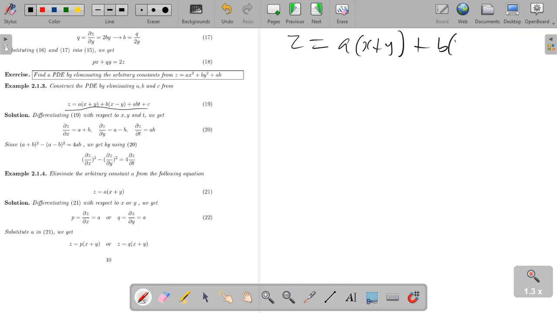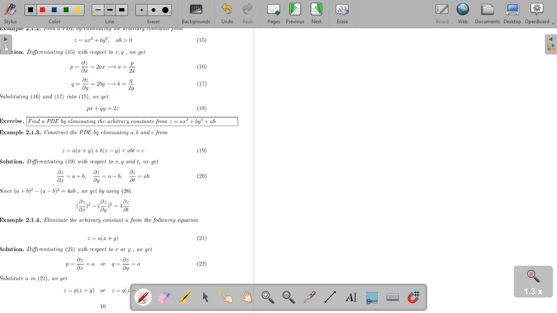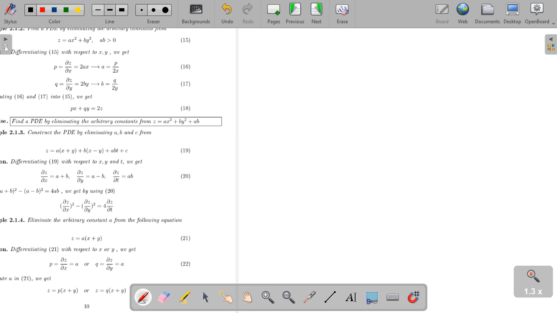Let me shift and write it very well. Okay, so we have z is equal to what? a in bracket of x plus y plus b in bracket of x minus y plus abt, then plus c.